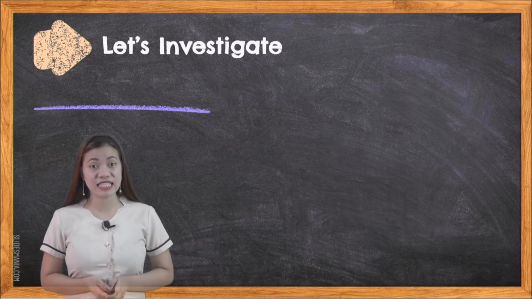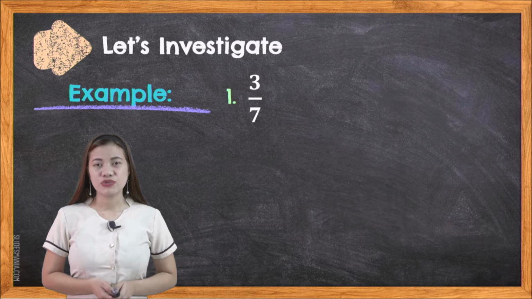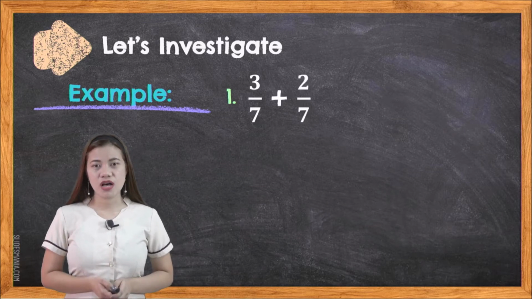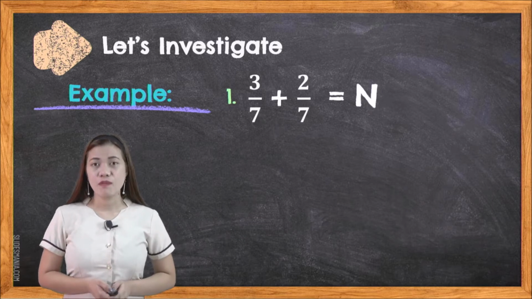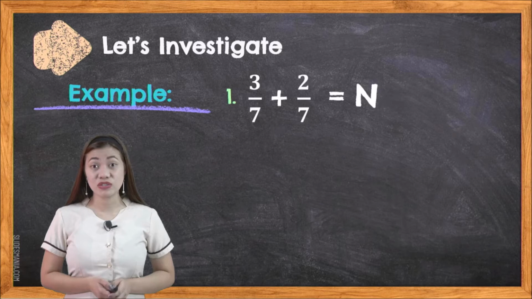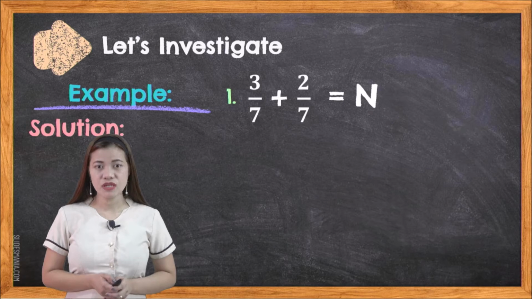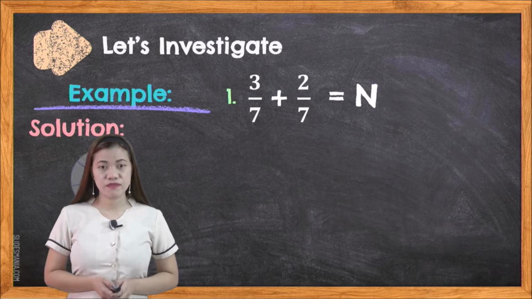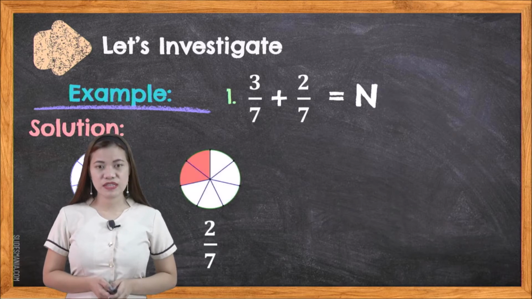Let us do the let's investigate. Example number 1, 3/7 plus 2/7 is equal to n. Now, let us solve these similar fractions. Solution: we have 3/7 plus 2/7.